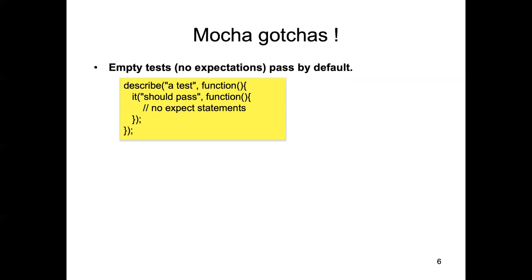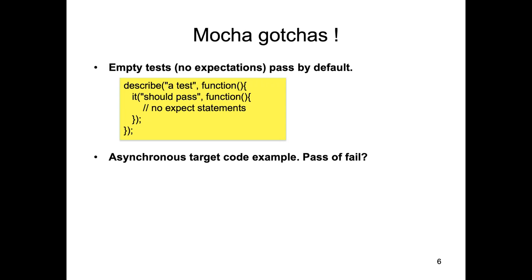If you're not stating any expectations, then it can't fail, because there are no expectations. So it's expectations that cause a Mocha test to fail. If we don't have any, then it would make sense that the test would pass. That's not a surprise, but the next one, I think, would be a surprise.